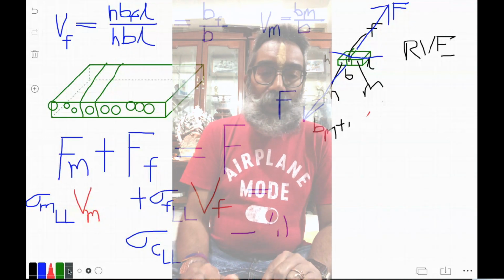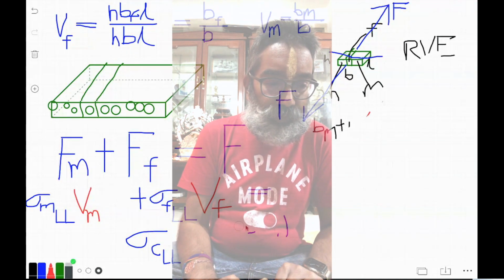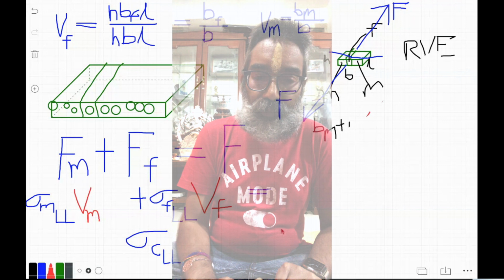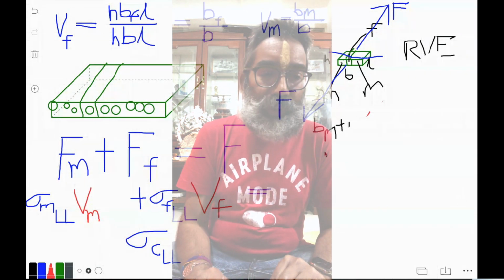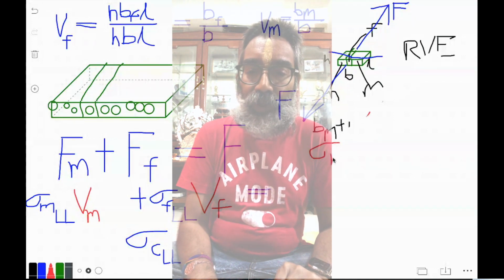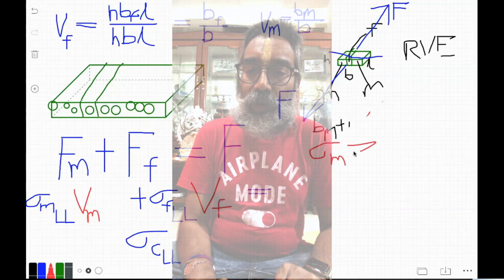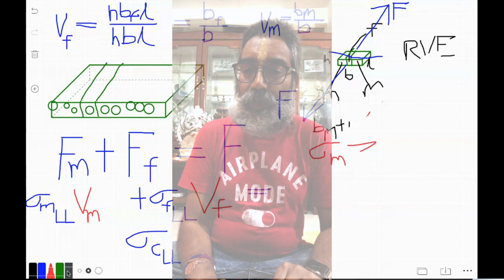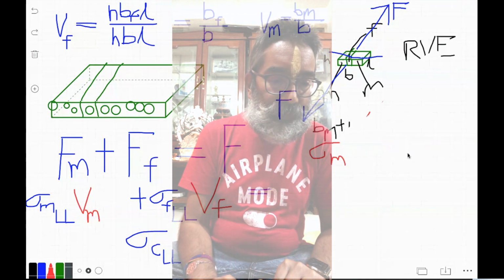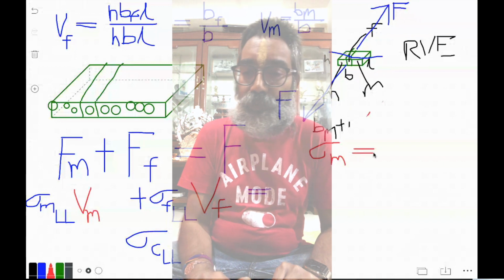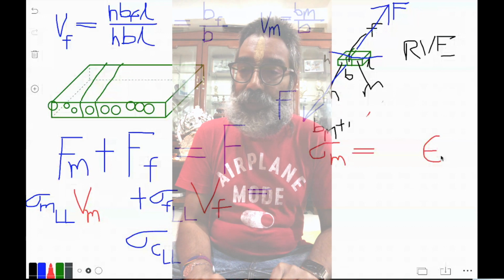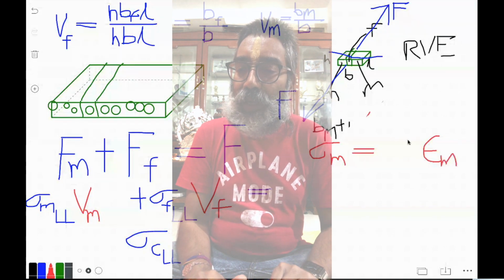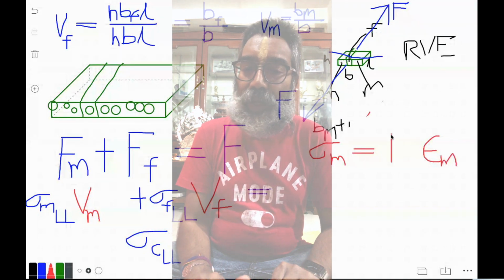Okay, now so now we will come and write the stress sigma m as the strain in the matrix multiplied by the Young's modulus of the matrix.